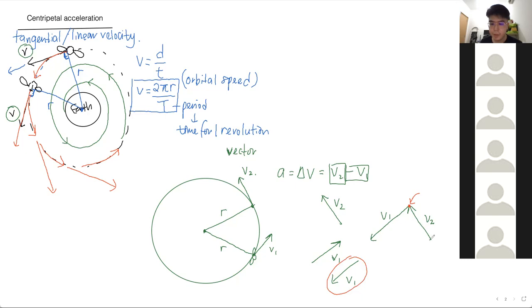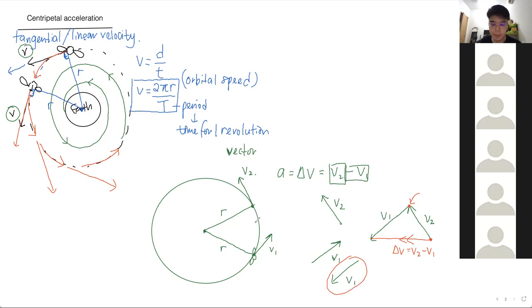Think of this like a journey. You start here, you go here, you go here. The shortcut is to go like this, right? This is the shortcut, and this is the change in velocity. In other words, this is actually v2 minus v1.